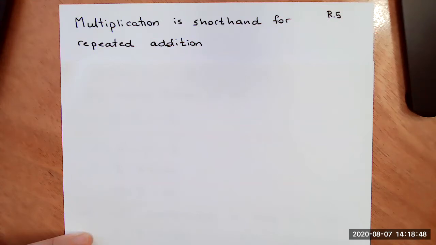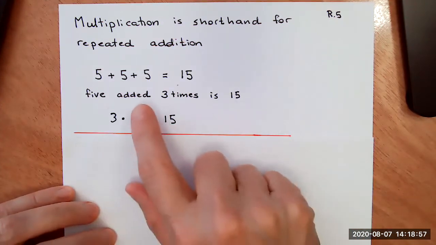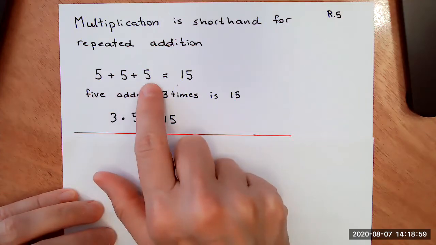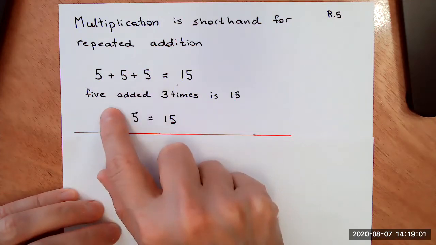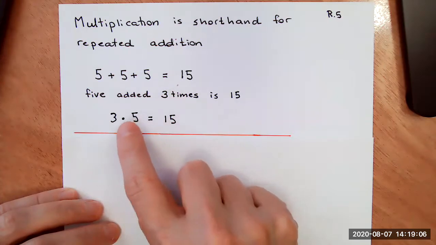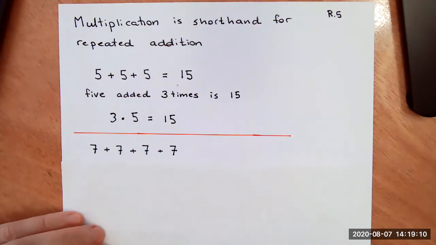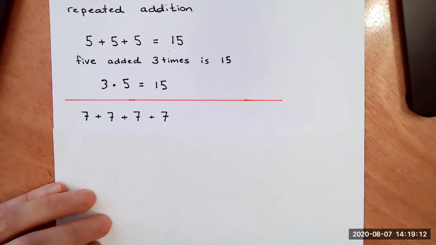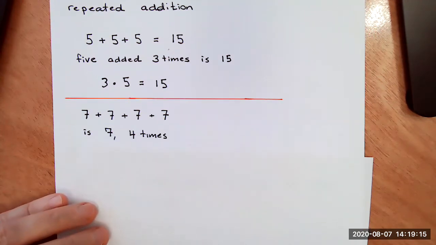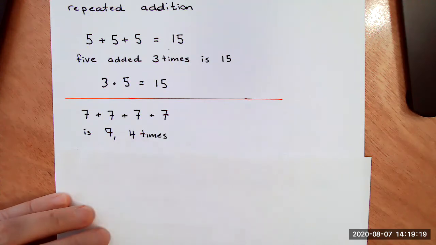All right, multiplication is shorthand for repeated addition. So when you have 5 plus 5 plus 5, that's 5 added 3 times, or 3 times 5. 7 plus 7 plus 7 plus 7 is 7 4 times.